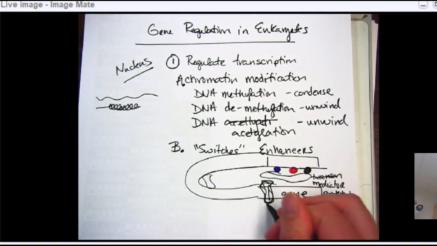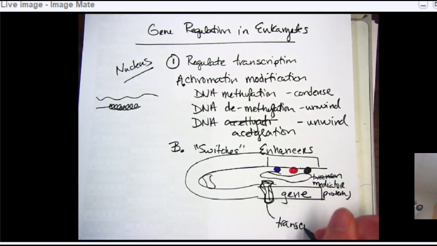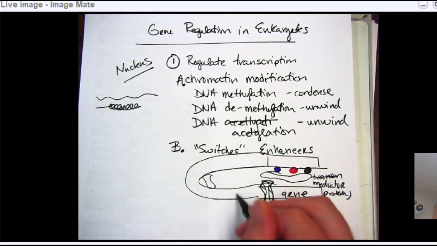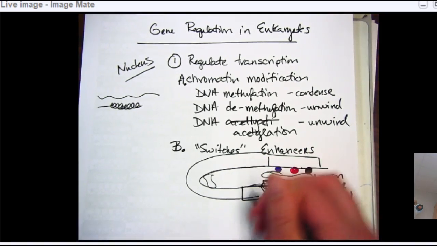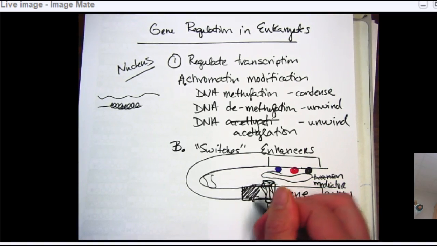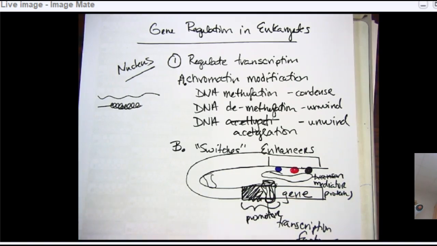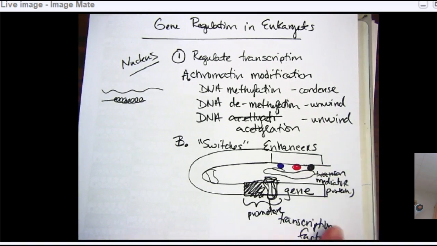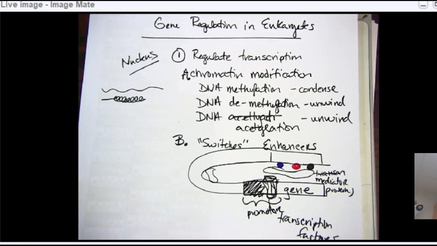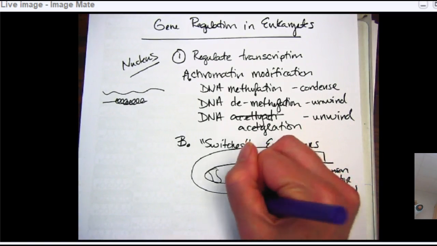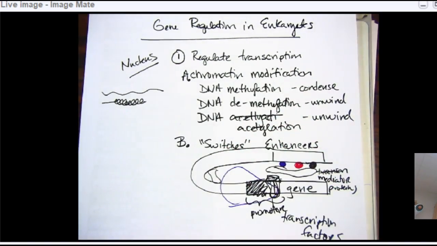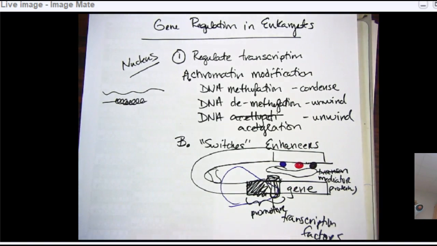And then here we have like transcription factors, which are other proteins. And then there's a promoter region right here where those are binding, just like we had in the bacteria. There's still a promoter. And once we have the mediator proteins binding and the transcription factors binding, then RNA polymerase will bind at the promoter, and we will go through transcription.